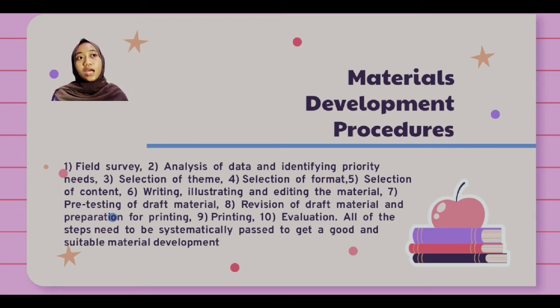The seventh is pre-testing of draft material. The eighth is revision of draft material and preparation for printing. The ninth is printing, and the tenth is evaluation. So all of the steps need to be systematically followed to get a good and suitable material development.